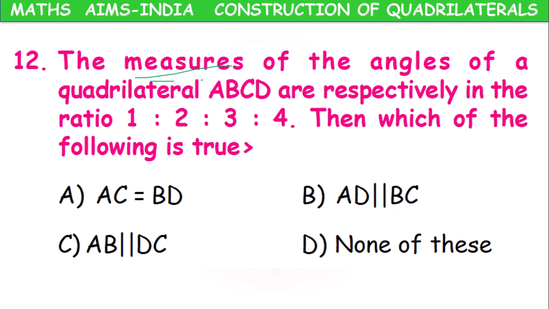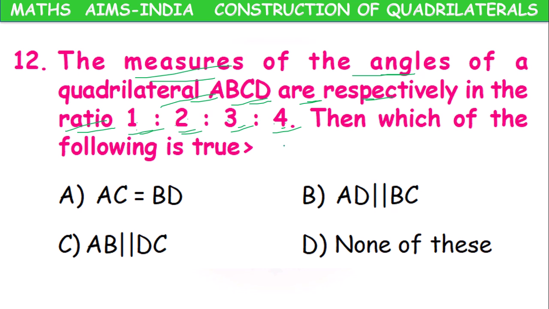Next, the measures of the angles of a quadrilateral ABCD are respectively in the ratio 1:2:3:4. Let them be 1x, 2x, 3x, 4x.